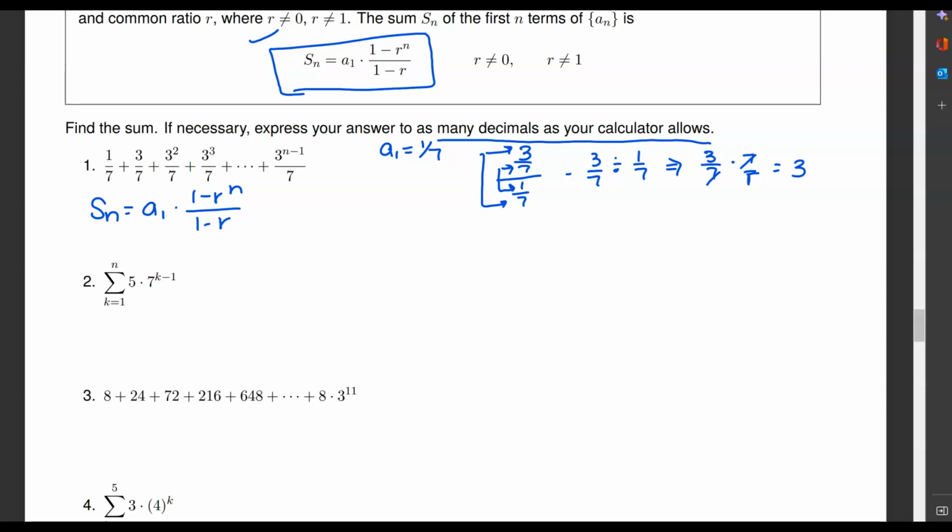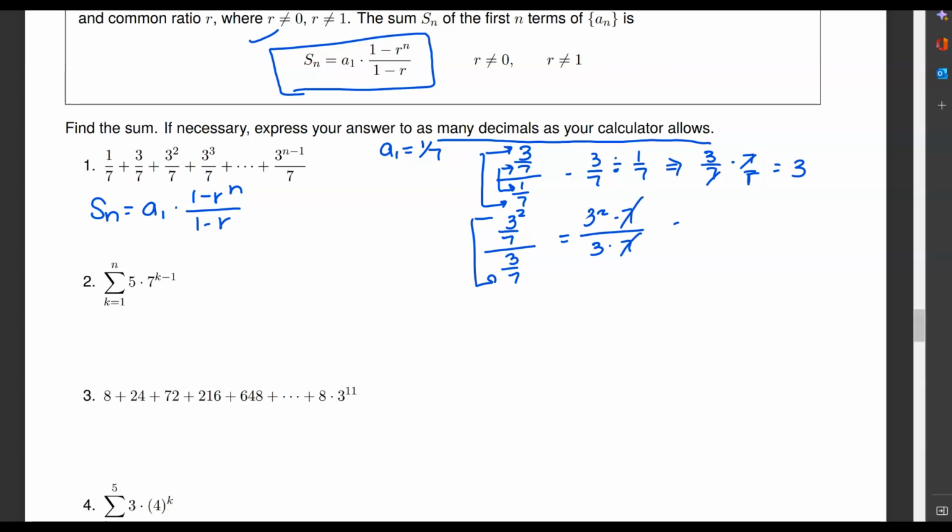And then if we look at the next one, we still have the 1/7 there, but what's the difference? The difference is that 3 is now growing to a 3 squared. So if I look at 3 squared over 7 over 3 over 7, we kind of go through the same process, right? My outer will say, well, I'm going to have 3 squared times 7 over 3 times 7.